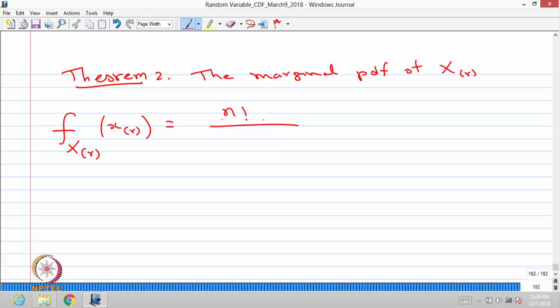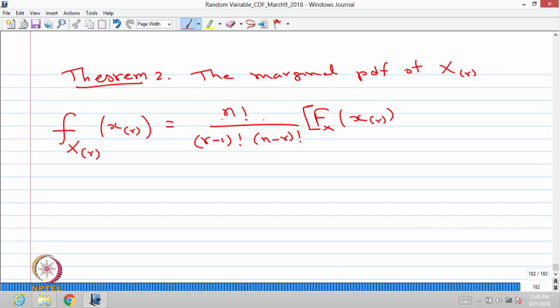So, this is going to be n factorial divided by (r minus 1) factorial, (n minus r) factorial, multiplied by the CDF. Since all the random variables are IID, you can just mention F of x, evaluated at x(r).